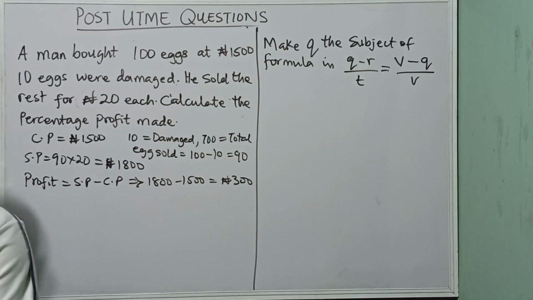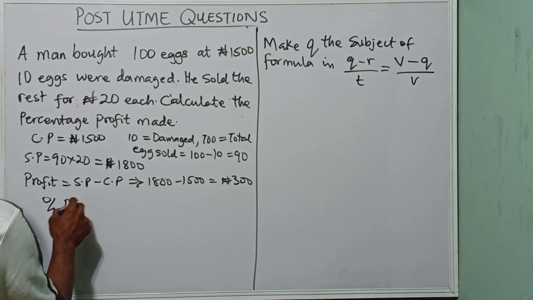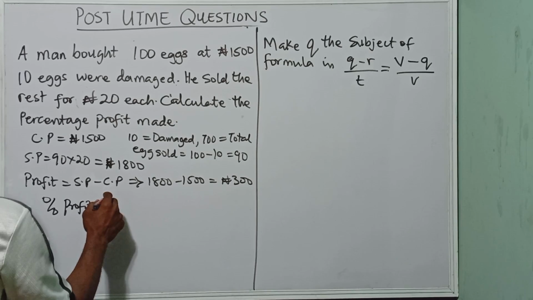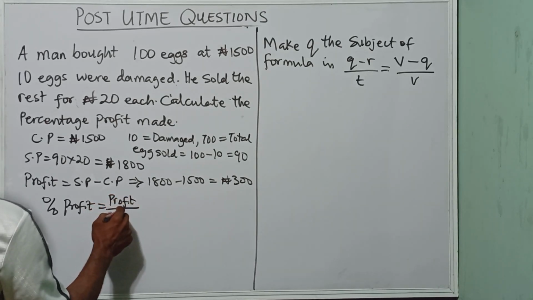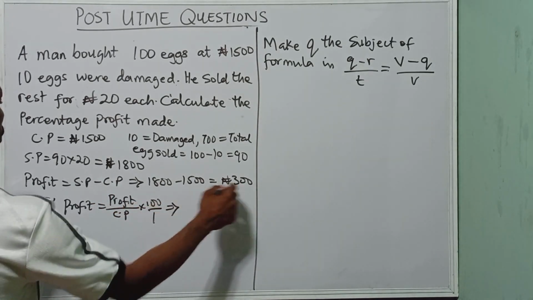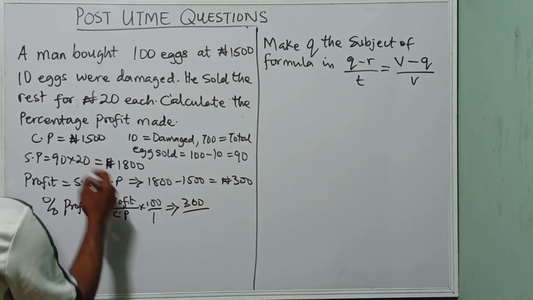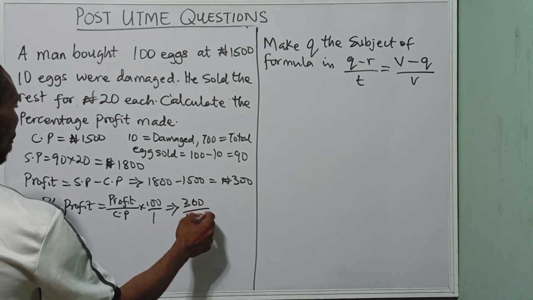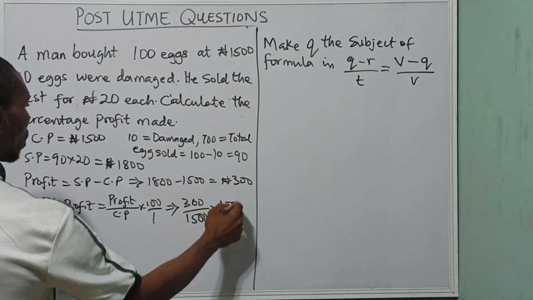Alright, so here now, for us to find percentage profit, we would have it as profit over cost price times 100 over 1, which gives us profit is 300, all over our cost price is 1,500, times 100 over 1.